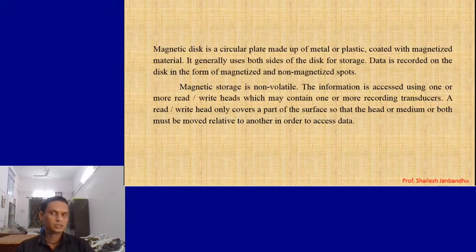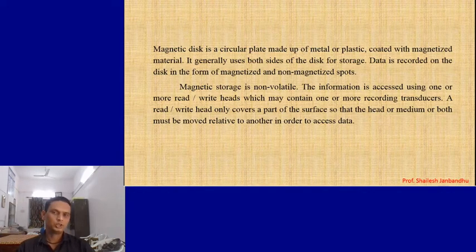A magnetic disk is a circular plate made of metal or plastic coated with magnetized material. Generally both sides of the disk are used for storage. Magnetic storage is non-volatile, just like we discussed about RAM. RAM is volatile because when the computer system is switched off, the data on RAM will be destroyed.